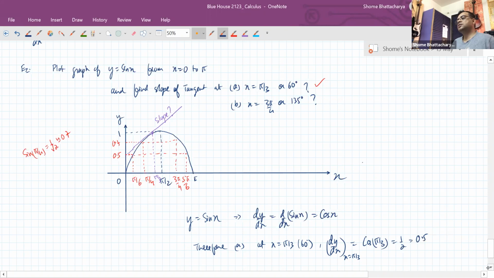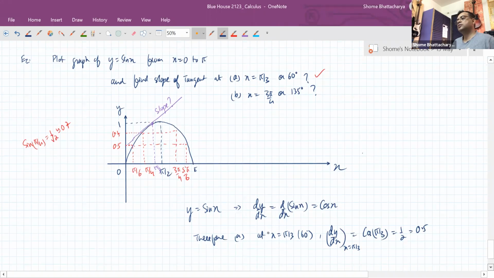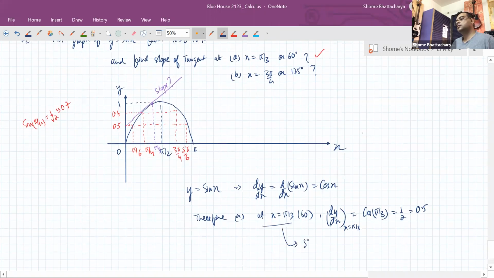So this tells us that the slope of tangent will be equal to 0.5. So this line that we've drawn, its slope is equal to 0.5. You can see it's having a positive slope from the shape of the graph.